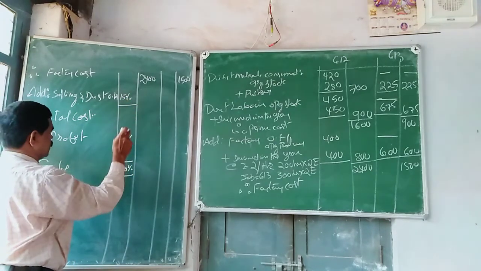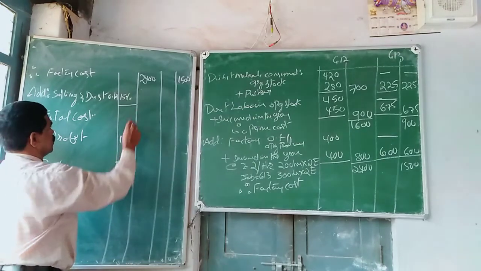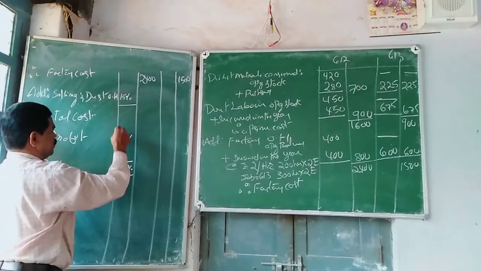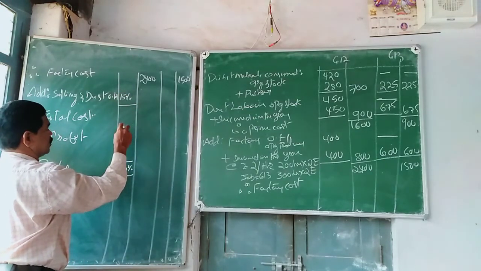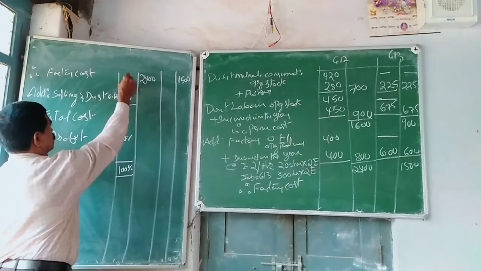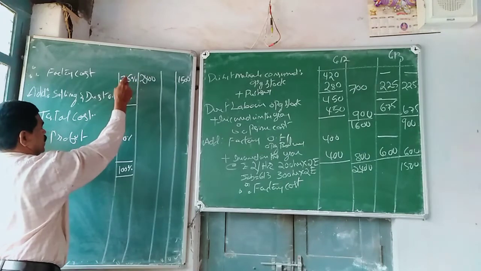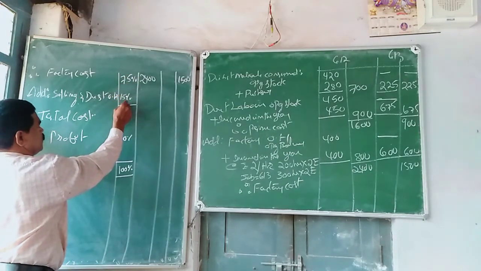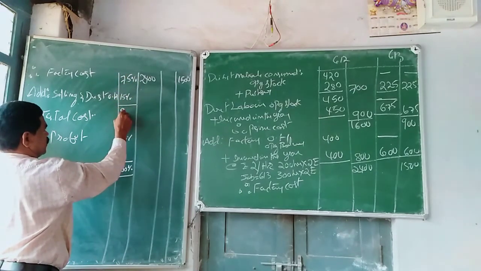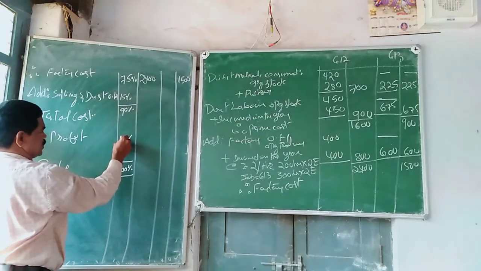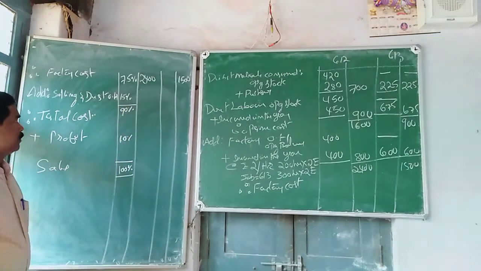Then total cost plus 10% is equal to sales. So 15% plus 10% is equal to 25%, so this is 75%. 75% plus 15% is 90%. 90% plus 10% is equal to 100%. On that basis, you have to calculate.